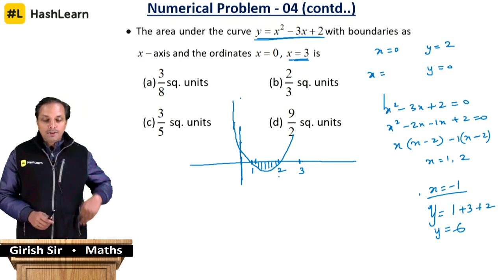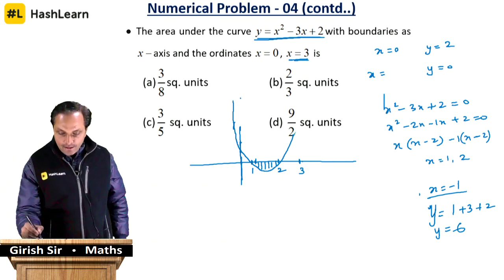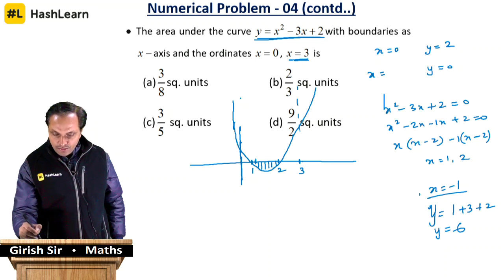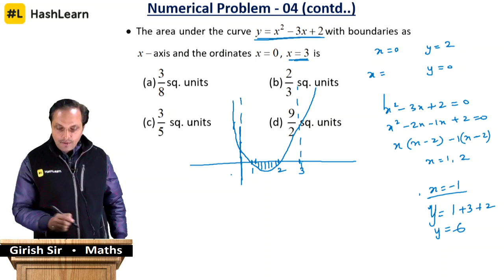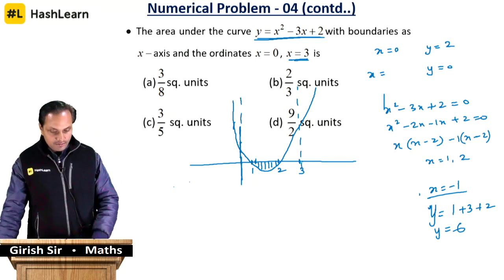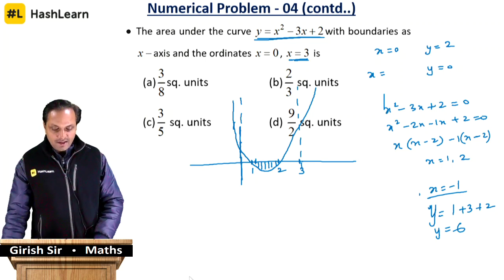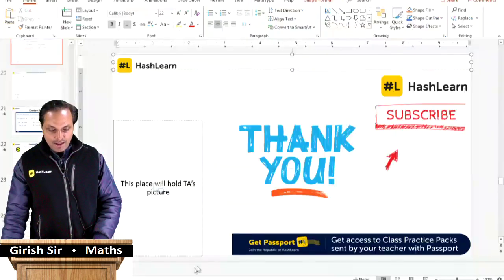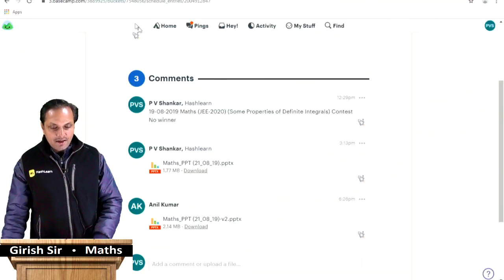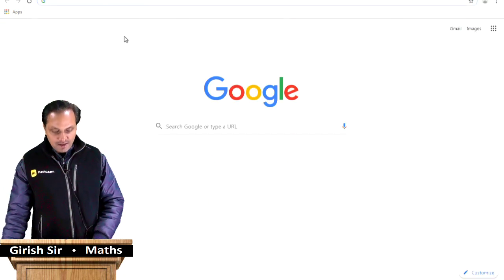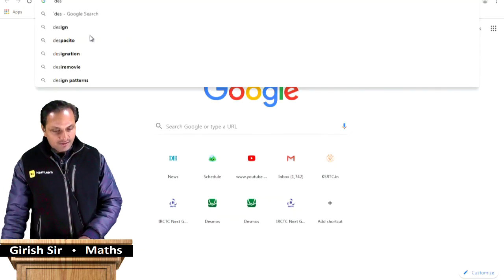So to draw this graph neatly, okay, what I will just show you by Desmos. Smooth hand curve चाहिए तो you can use Desmos. Okay, so here is the Desmos. Go to Google and type Desmos.